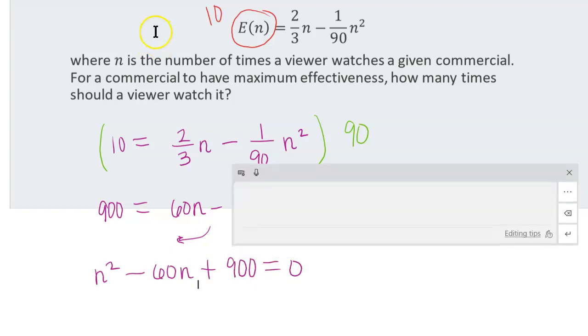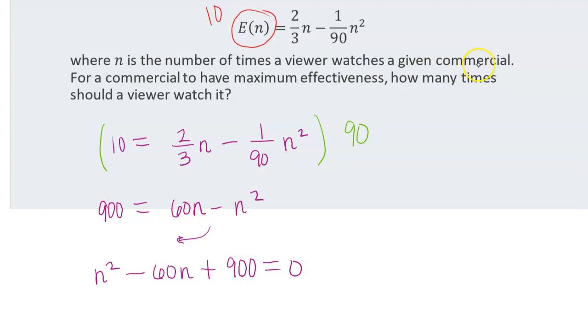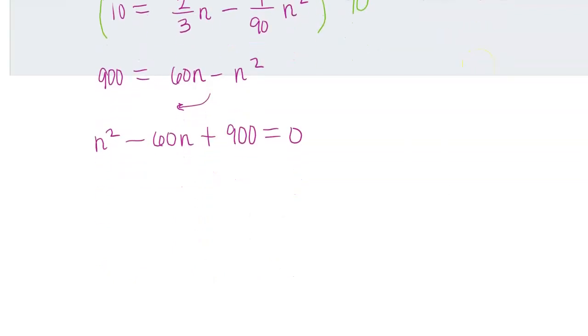So we're trying to find the maximum effectiveness, and the maximum is going to occur on that axis of symmetry. So the maximum occurs at n, the number of times watched, equals negative b over 2 times a.